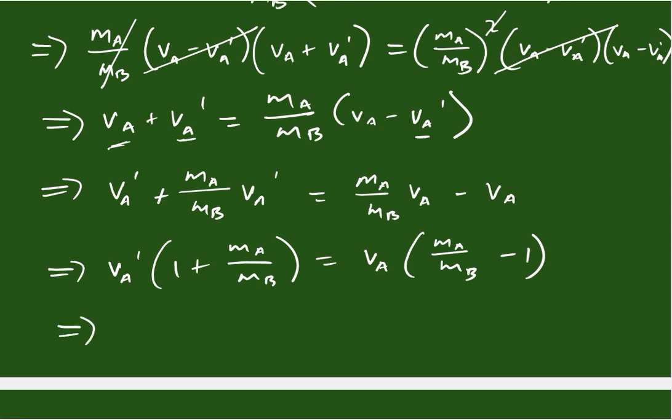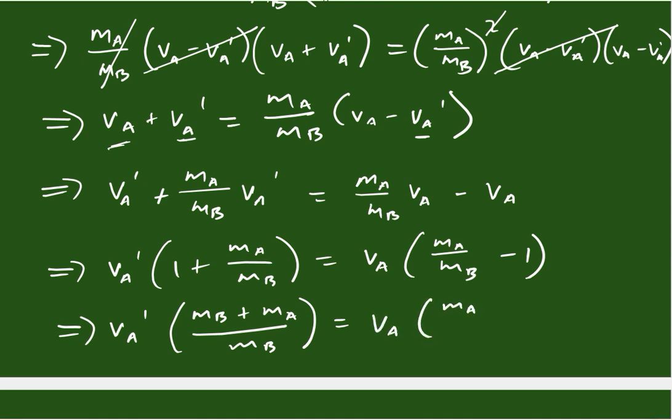Let's just do it step by step here. So 1 plus this, so it's mb over mb plus ma over mb. So we end up with mb plus ma over mb. And then on this side we end up with va times ma minus mb over mb.